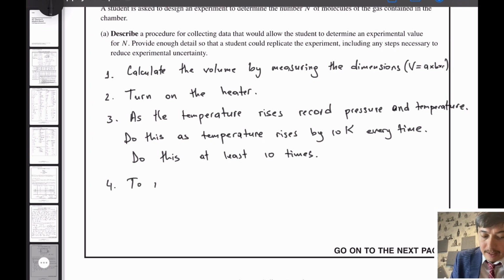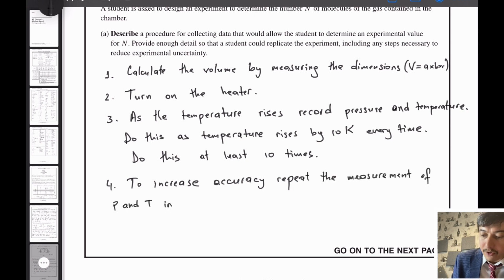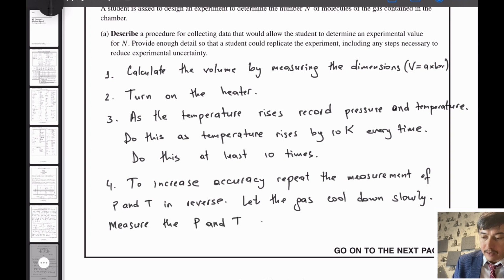So, to increase accuracy, repeat the measurement of P and T in reverse. Let the gas cool down slowly. Measure the pressure and temperature at the temperatures indicated in the heating process.